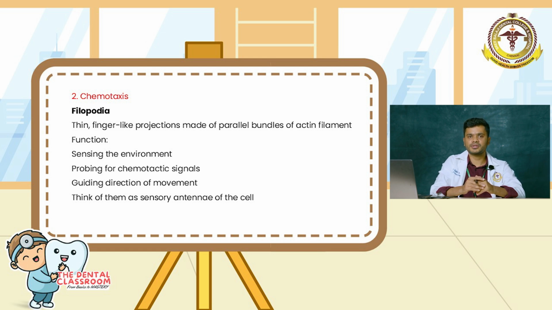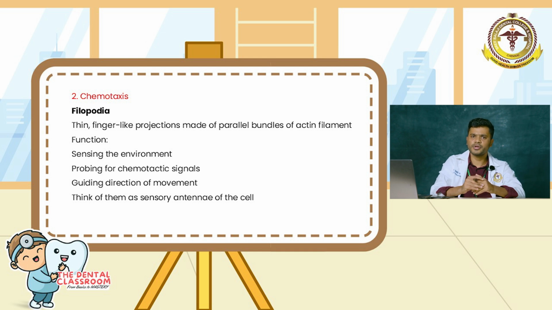So in chemotaxis, the other two components you have to know are filopodia and lamellipodia. What is this filopodia? Filopodia is a spike like structure, okay, which is made up of actin filament. This actin filament will pave the way for the neutrophils towards the site of injury.